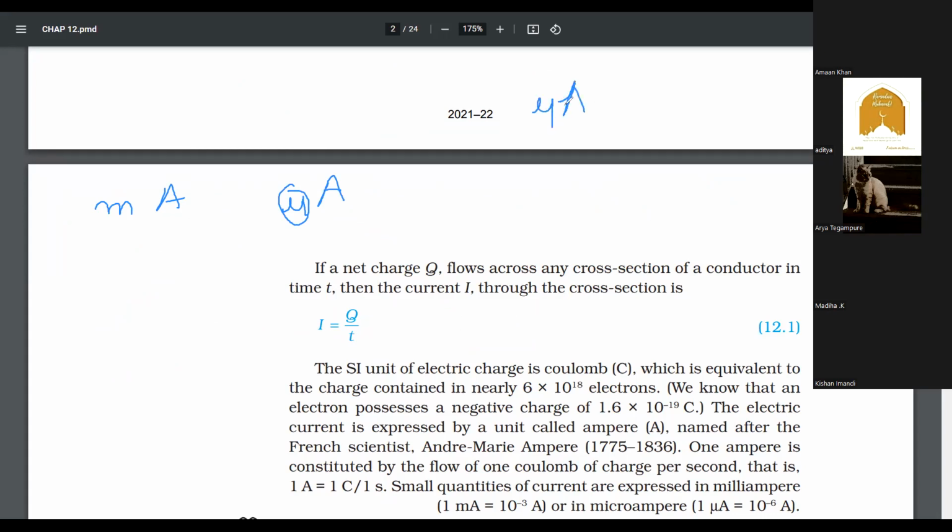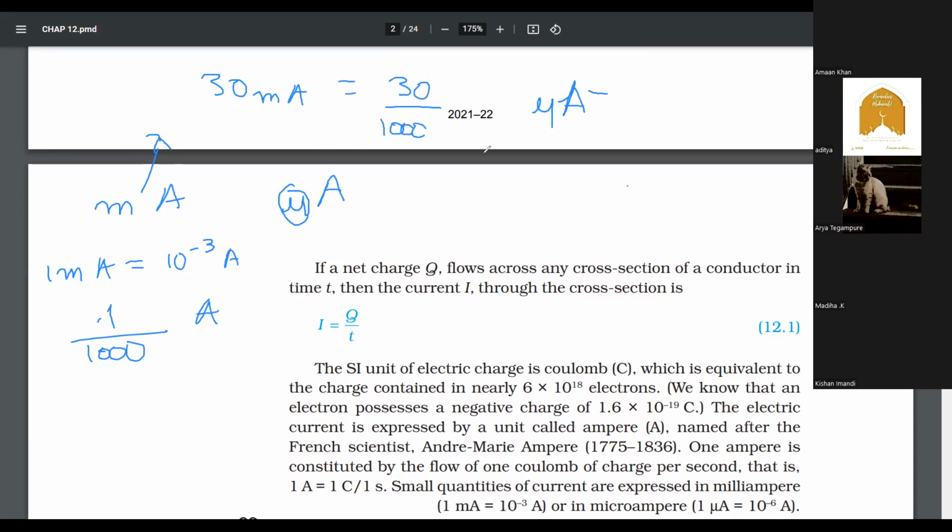So it's read as mu A, and M is milliamperes, similar to millimeters. 1 milliampere is equal to 10 to the power minus 3 amperes, which means 1 divided by 1,000 amperes. So if you're given 30 milliamperes, this will be equal to 30 divided by 1,000 amperes.